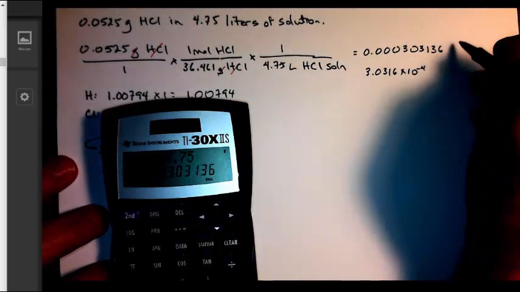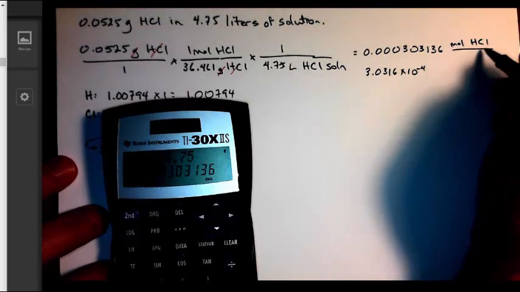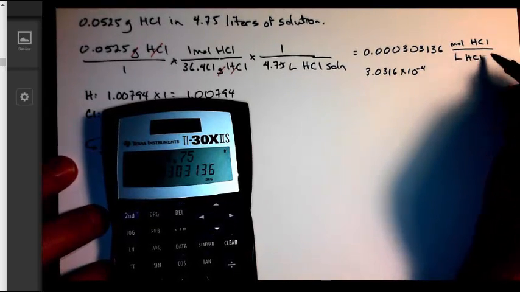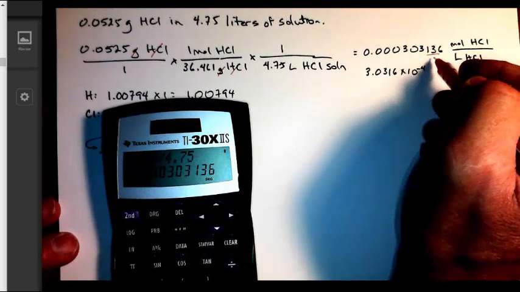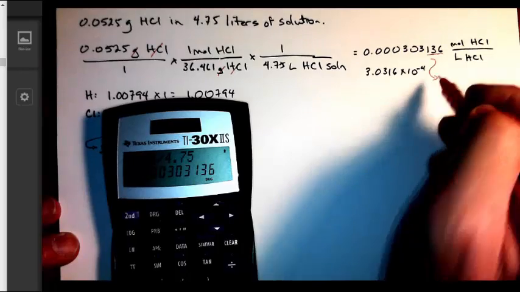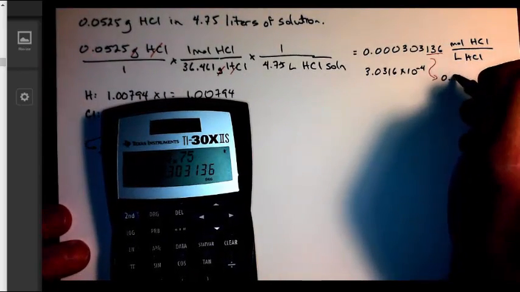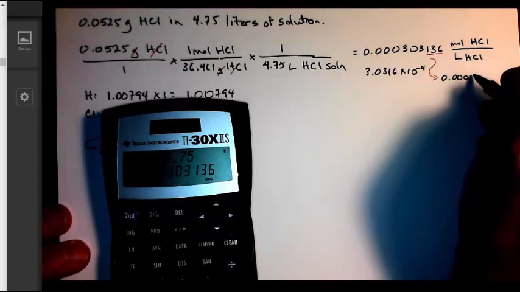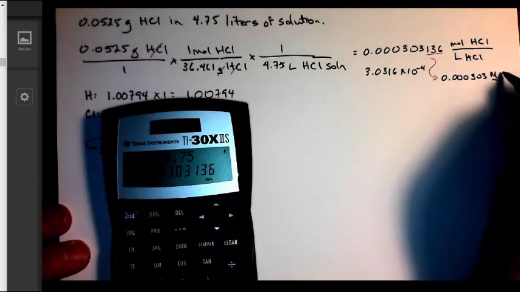Well, this is moles of HCl over liters of HCl solution. That is molarity. We need to round this to 3 significant digits. So I get 0.000303 molar. There's our symbol, HCl solution. Okay?